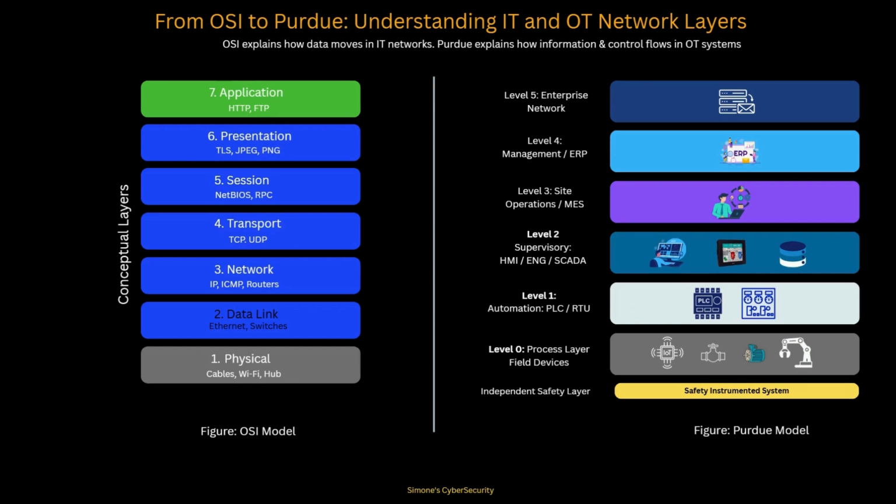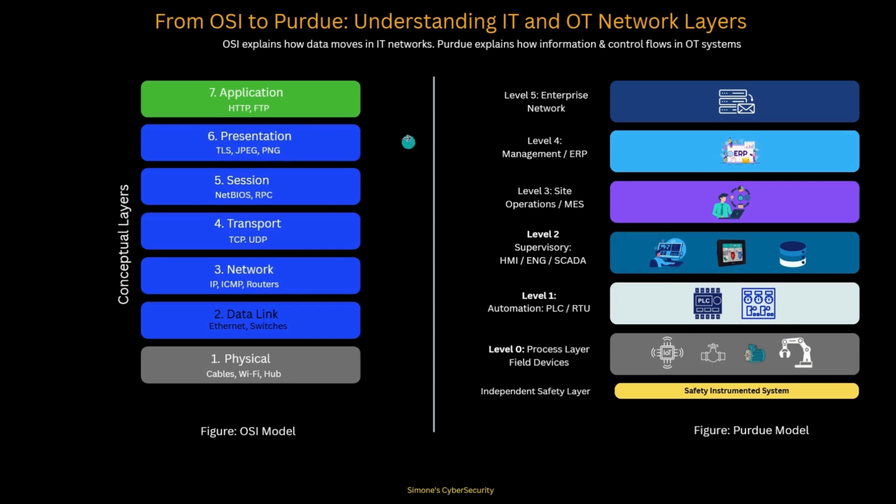So to summarize then, the OSI model explained how data moves across IT systems, and the Purdue model explained how control and information flow through OT systems. The top layers of the Purdue model, that is level 4 and level 5, are closer to IT networks, while levels 3 down to 0 represent the OT environment where real-world physical processes take place.